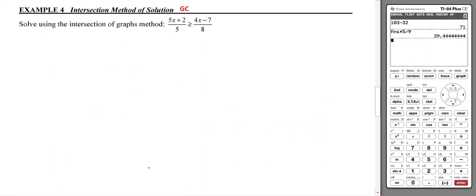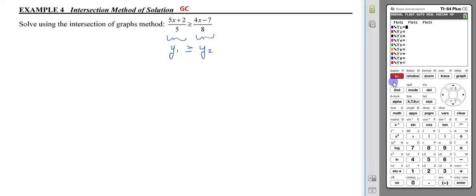In example 4, we're going to use our graphing calculator. We're working this using the intersection method of solutions. So we're going to make the left side of our inequality y1 in our calculator, and we'll make the right side of the inequality y2. So go to y equals and put it in your calculator.